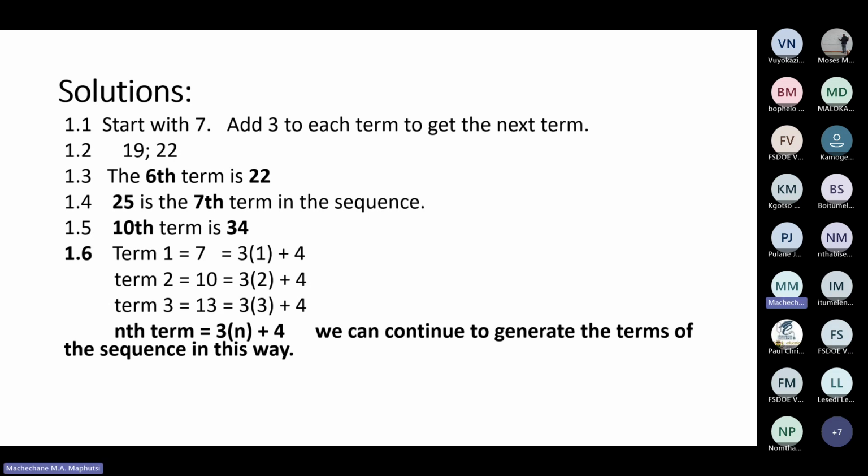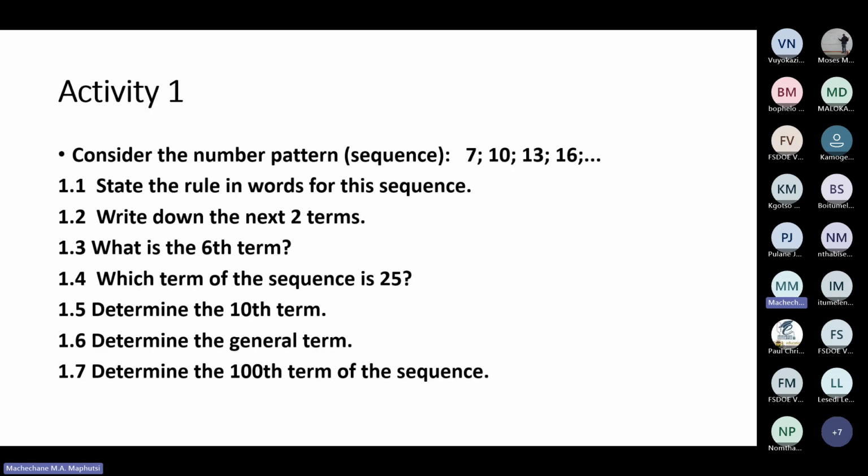Okay, so we move to the next question. The sixth term is 22, because they said, what is the sixth term of the sequence? If we move back a little bit, because 6 is not that far, if I add 3 to 16, I'm going to get 19. If I add 3 to 19, I'm going to have 22.